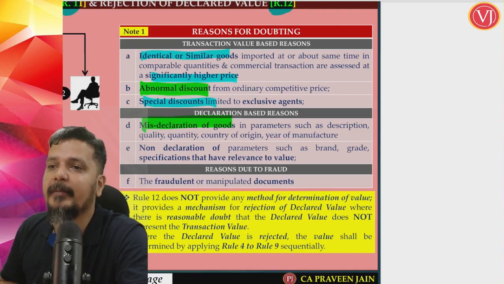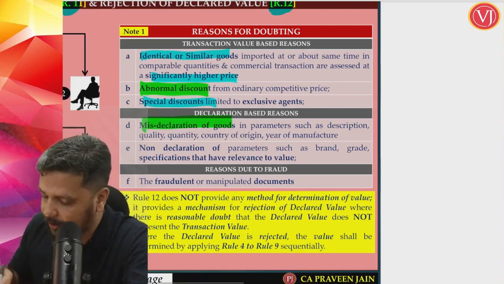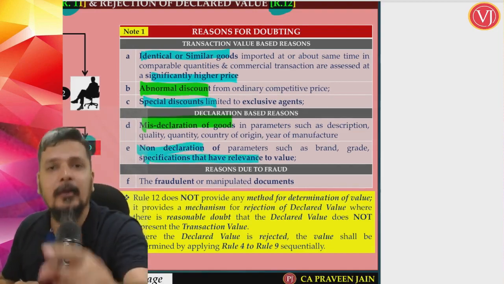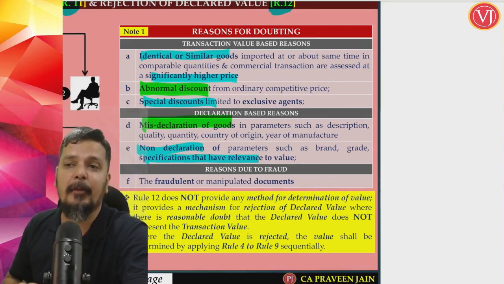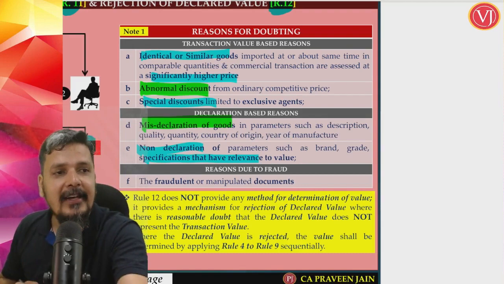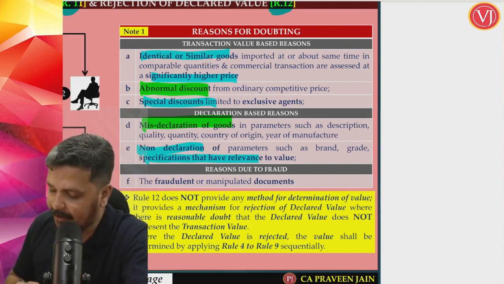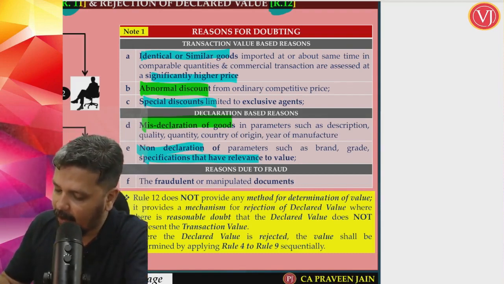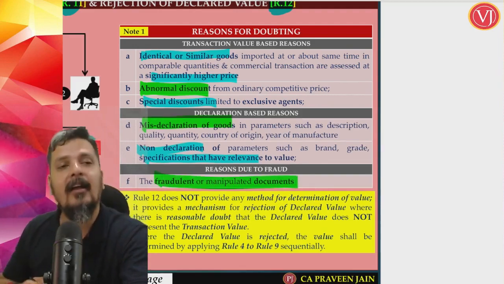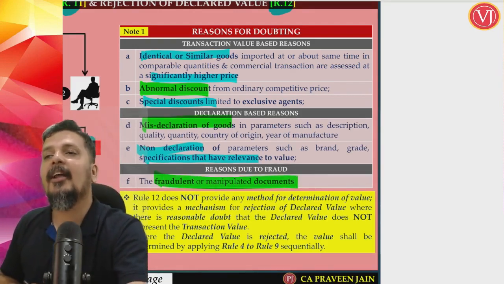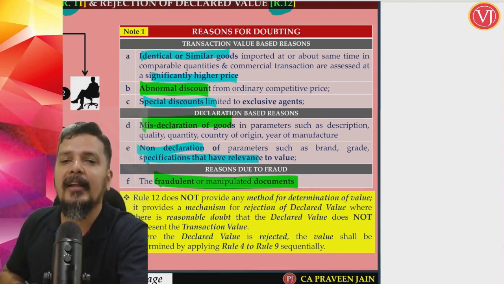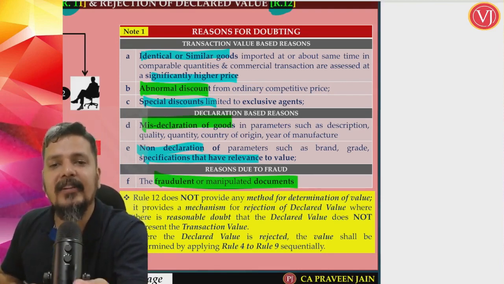Or you have not declared something which was required to be filled up. Importantly, your quality, brand name and all will be required to be filled up, and you have not filled them up. Misdeclaration or non-declaration, or the documents that you have submitted were all manipulated documents, fraudulent documents. These are only examples which will raise doubts in the minds of the proper officer.